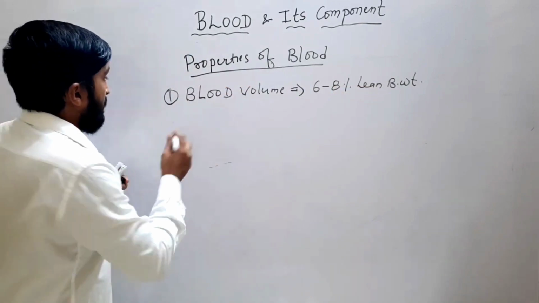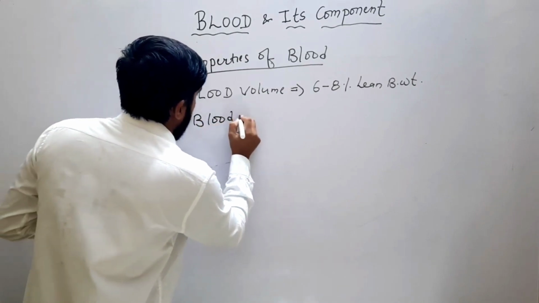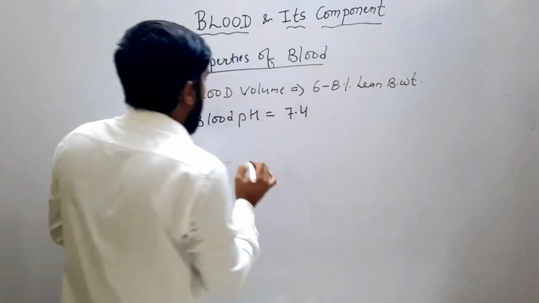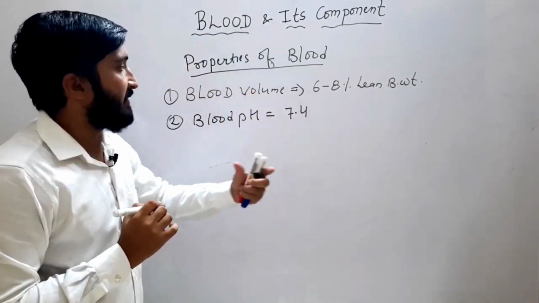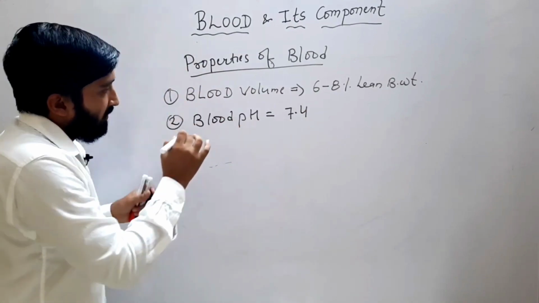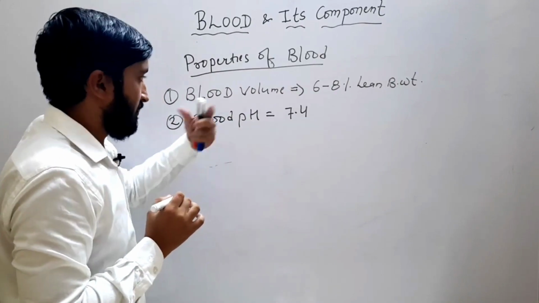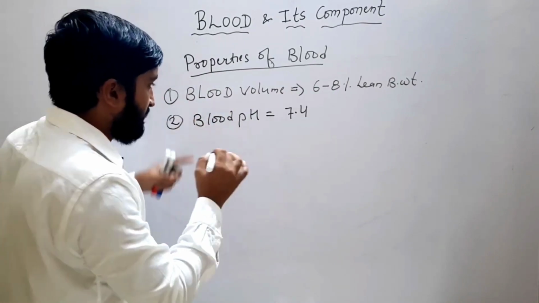Second, the blood pH, it is 7.4, but the arterial blood pH and venous blood pH will be different. In the veins, the impure blood is carried, so CO2 is present in it more.